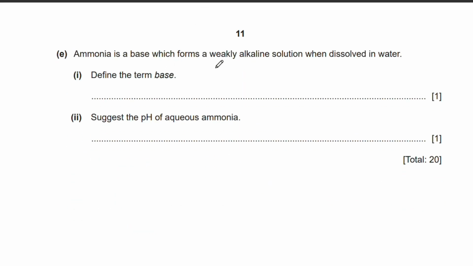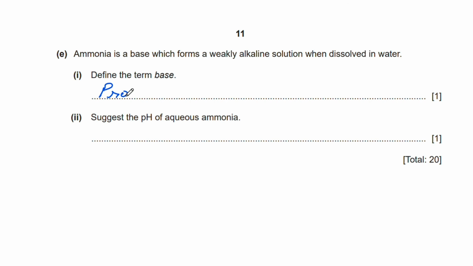Ammonia is a base which forms a weakly alkaline solution when dissolved in water. Define the term base. So basically, a base is a proton acceptor. And you know that an acid is a proton donor.